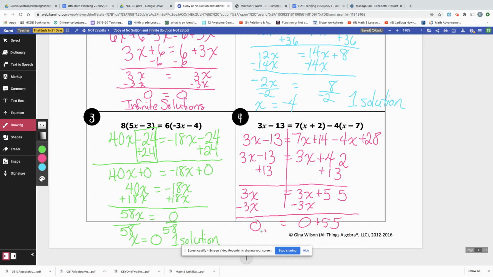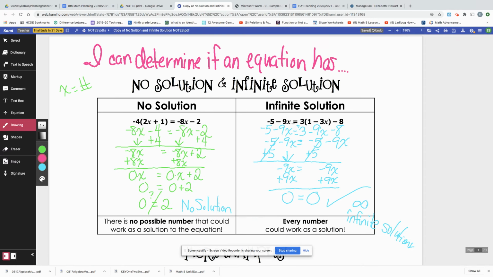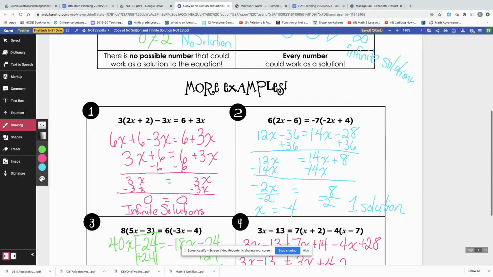Once again, we have something where one side is 0, the other side there's a value. Are those two equal? No, there is no solution. So that culminates our notes for I can determine if an equation has no solution and infinite solutions.